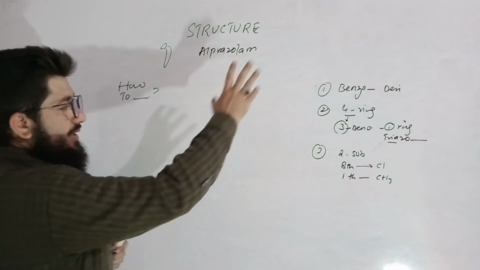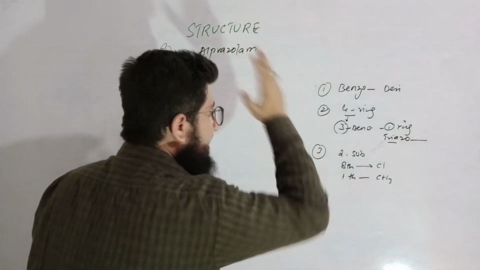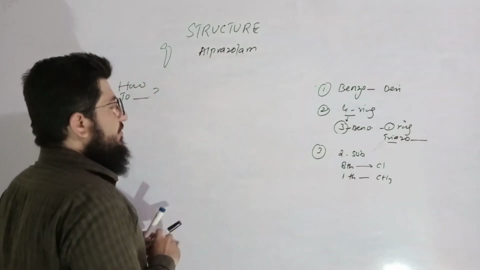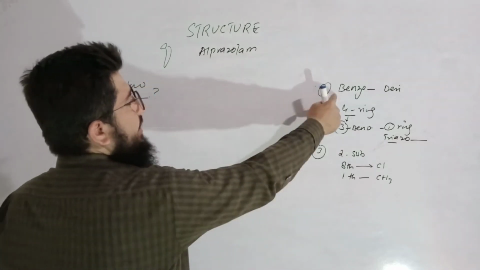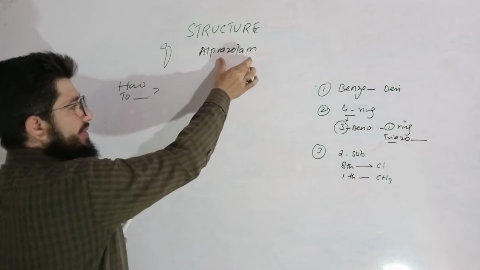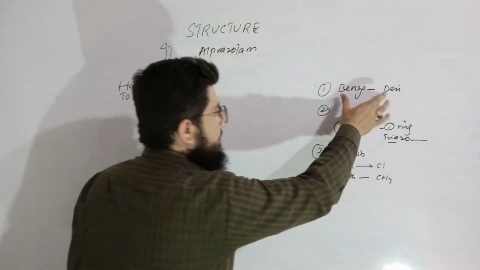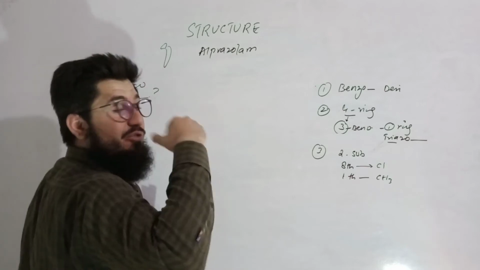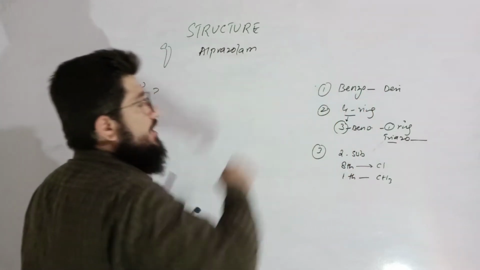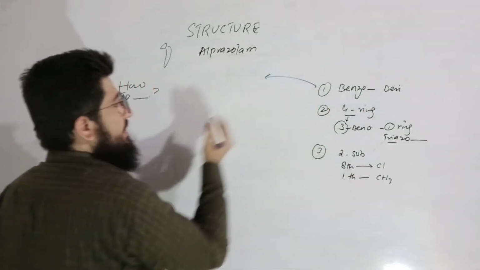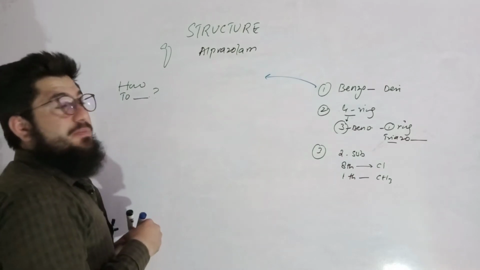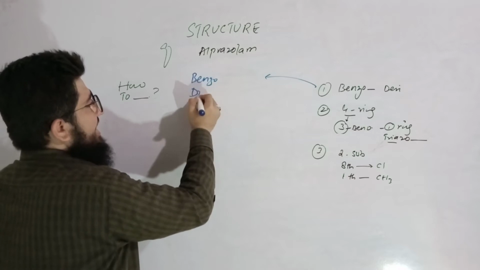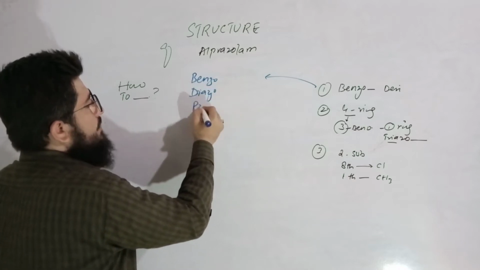So here we got the concept, the points. Now, by means of these points, we are going to draw the structure of alprazolam. Very simple. First of all, go through the first point, benzodiazepine. Alprazolam is a benzodiazepine derivative. While I was telling you about the structure derivation method of benzodiazepines, I told you to split the term benzodiazepine into benzo, diazo, and pine.